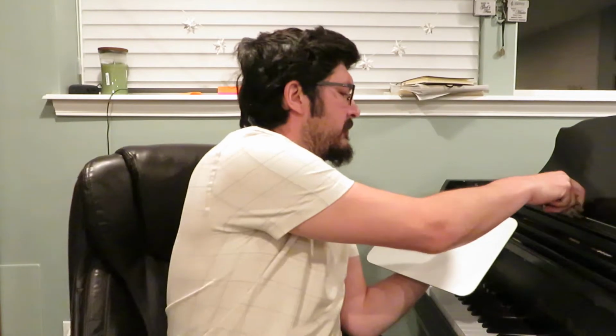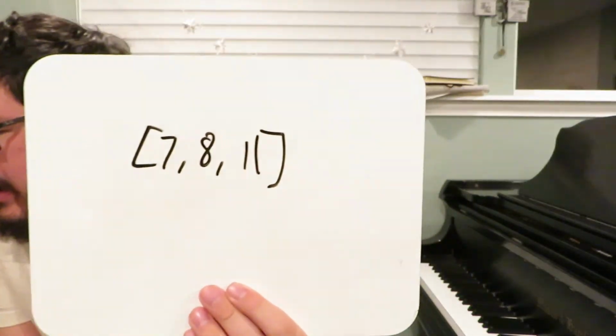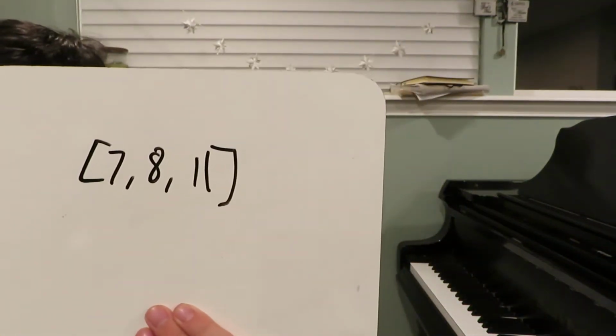And it talks about specific notation when it comes to writing, so that we can understand how to be clear and how to write. So if I wrote our pitch set 7, 8, 11, there's our pitch set 7, 8, 11.